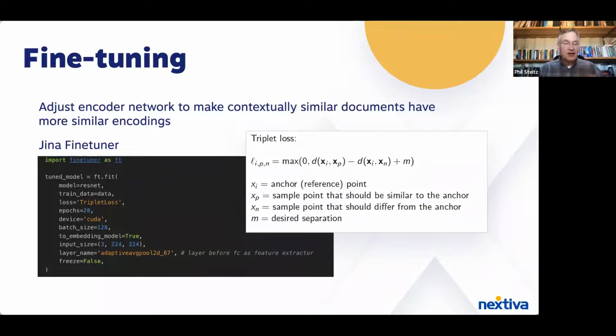I get that either via classification, or via some kind of sampling that enables me to provide points that should be close together and should be far apart. Then you define a loss function that penalizes the encoder for making things that should be close far apart, or things that should be far apart close together.